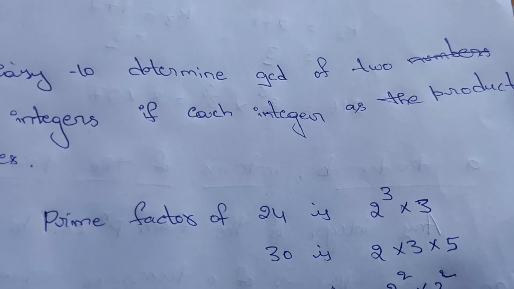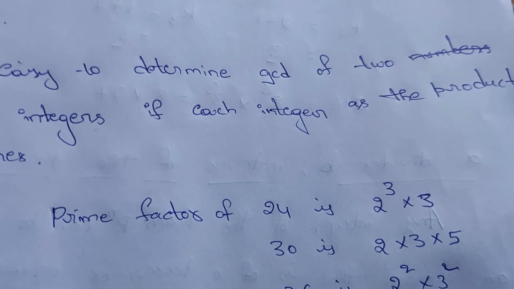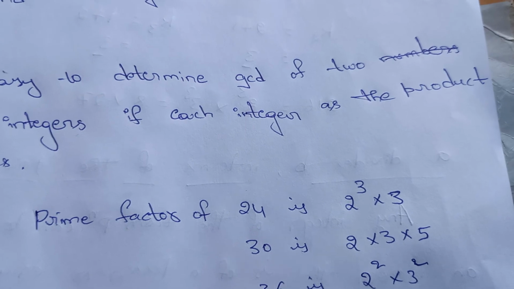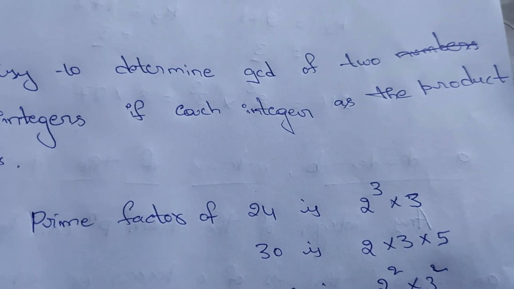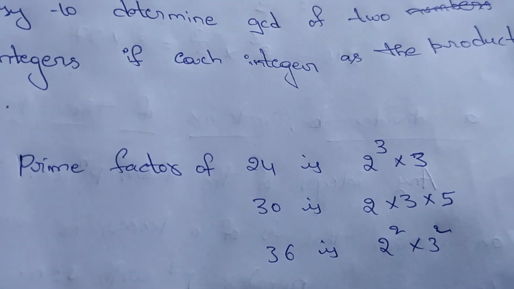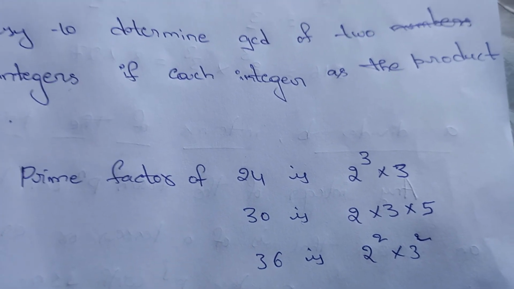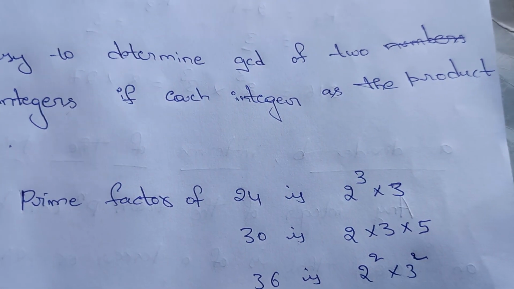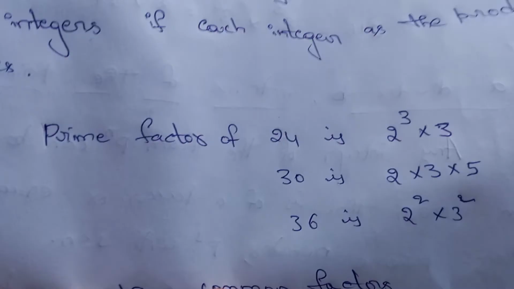So we can write 2 power 3 into 3. Next 30 is 2 into 3 into 5, and 2, 3, 5 are the prime numbers. Next consider 36, which is 2 power 2 into 3 power 2. You should take the base value as a prime number, and multiply the prime numbers only.